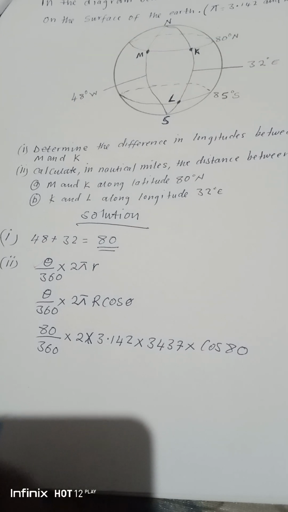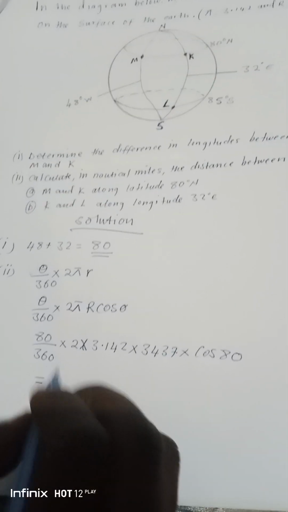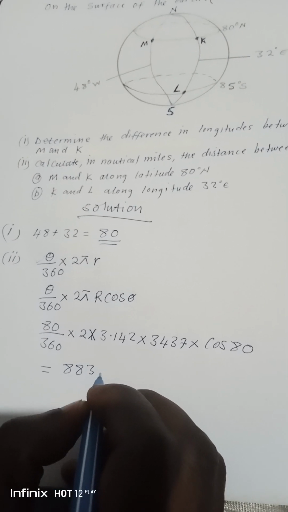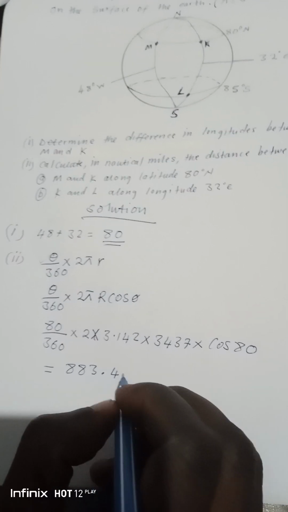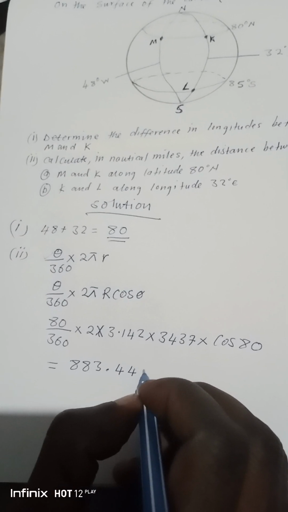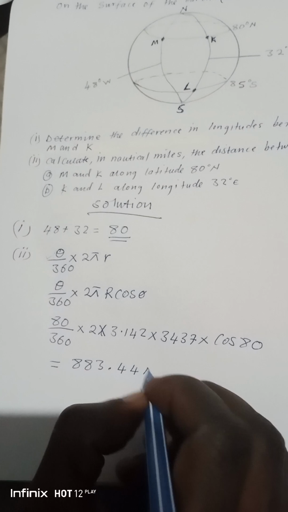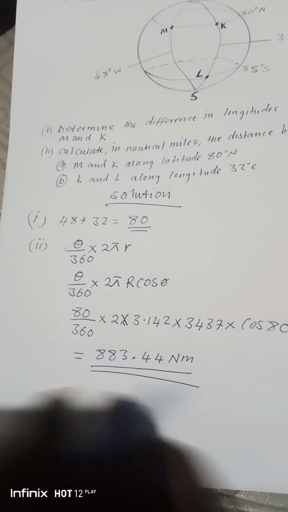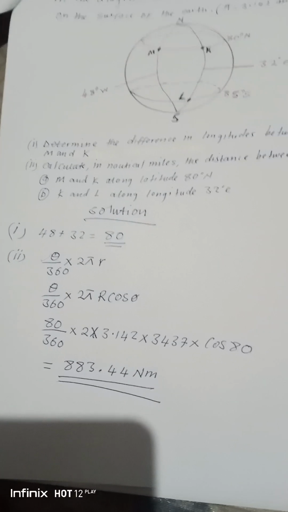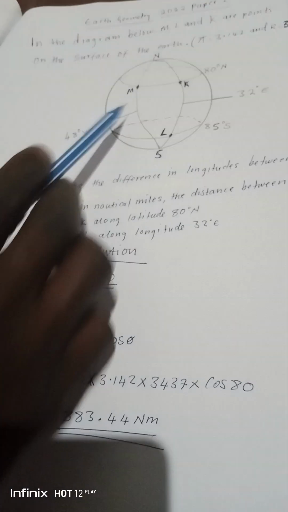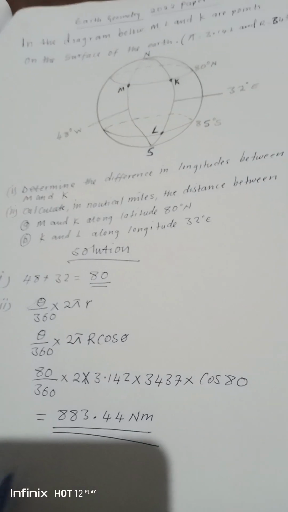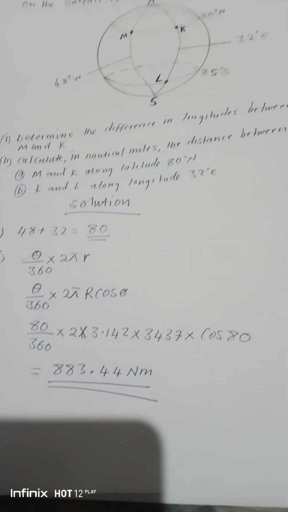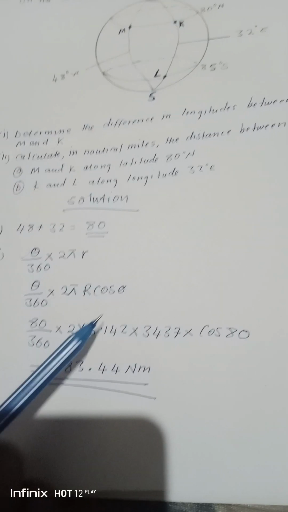What is the answer there? The answer is 883.44 nautical miles. So it means we've answered. The distance between M and K is 883.44 nautical miles. So we are done with that one.